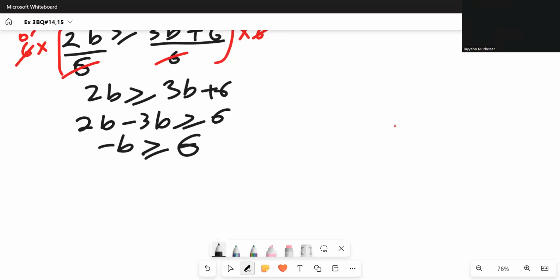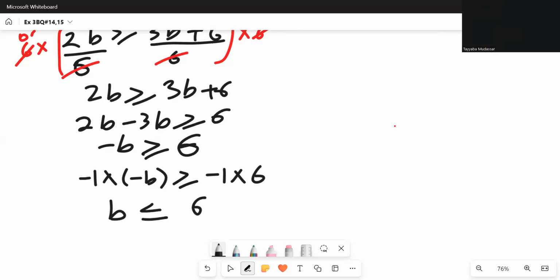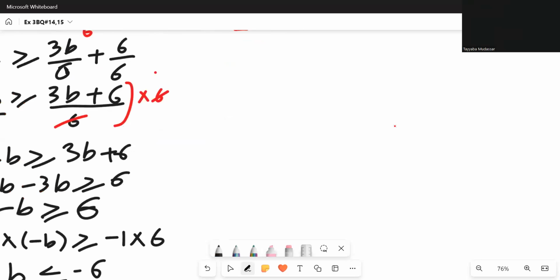Now we can multiply with minus 1, so we can make b positive. When we multiply the inequality with a negative number, the inequality sign always changes. So the greater than or equal to will be changed into lesser than or equal to.